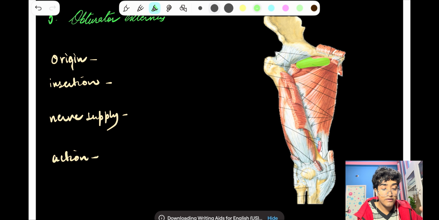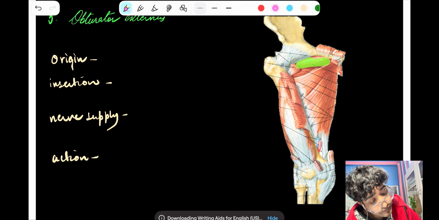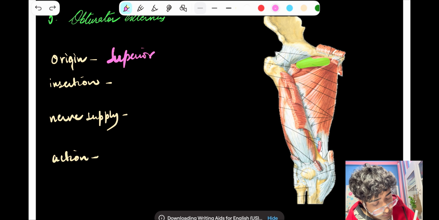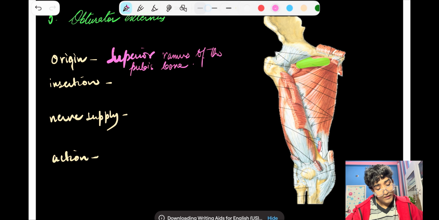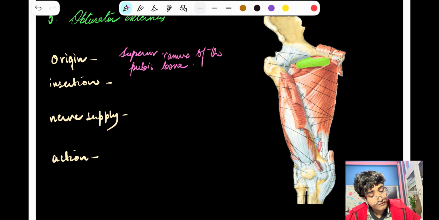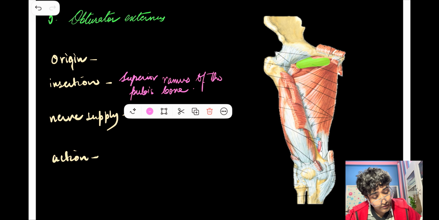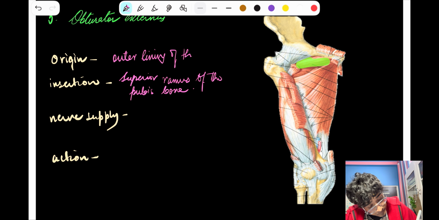Its insertion is the superior ramus of the pubis bone, and its origin is the outer lining of the obturator foramen.